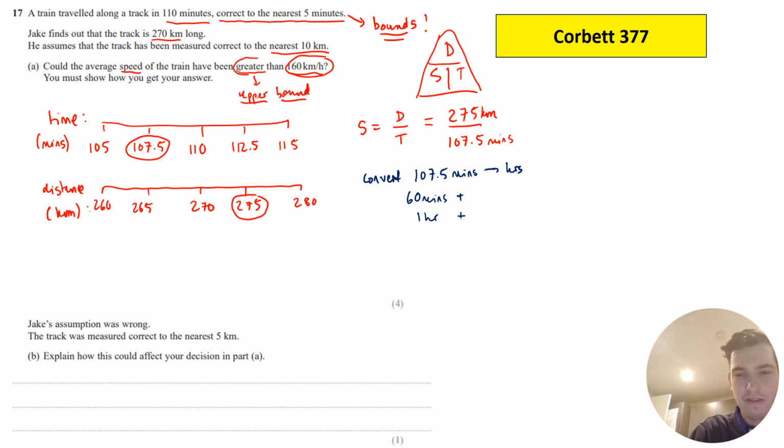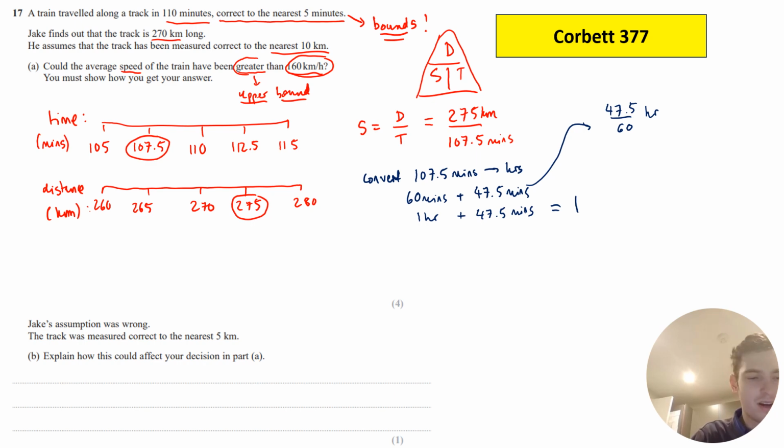Well, 107.5 minus 60 is 47.5 minutes. So I actually need to convert this 47.5 minutes into hours. Well, how do I do that? I'm always going to divide by 60 to give my fraction in terms of hours. If you do that, you're going to get 1, which is my 1 hour, and then 19 over 24 as a fraction. So 1 and 19 over 24 hours.